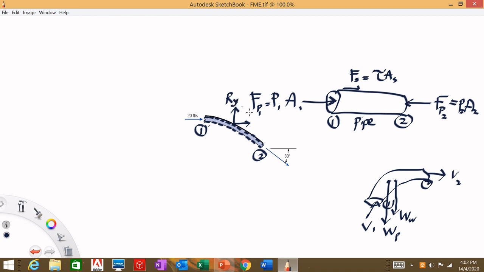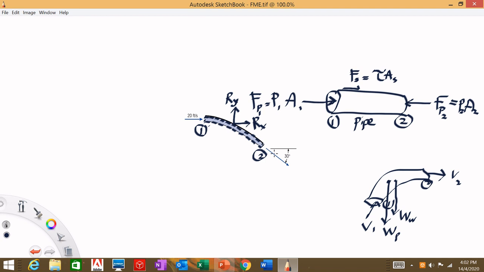The reaction force can be assumed first. So we assume a reaction force in the x direction and a reaction force in the y direction, because the vein has components, it is directed 30 degrees from the horizontal.